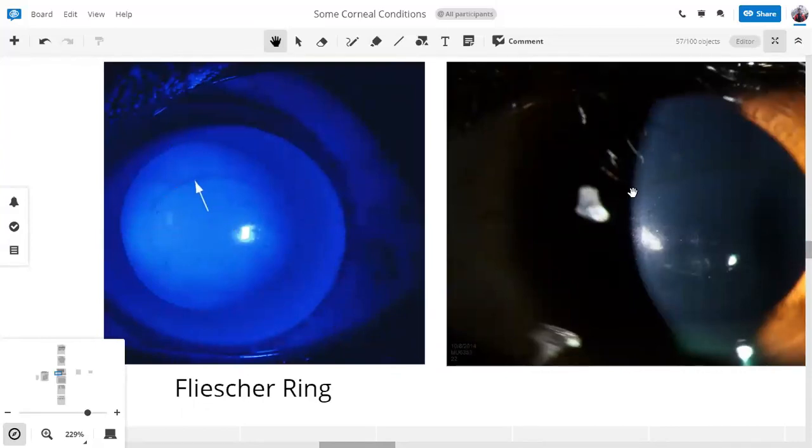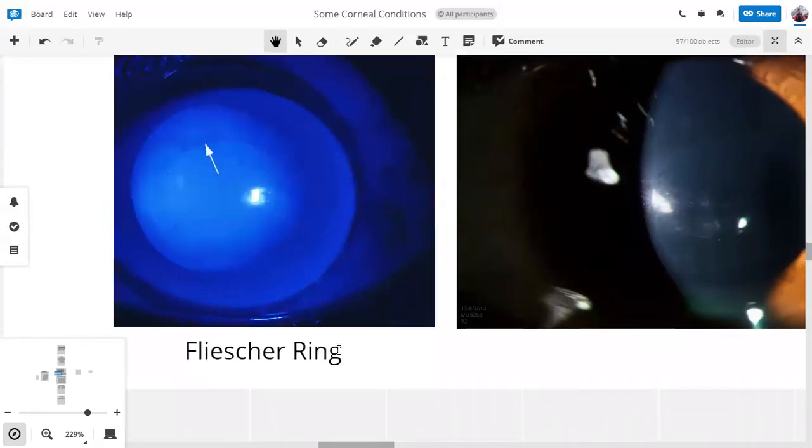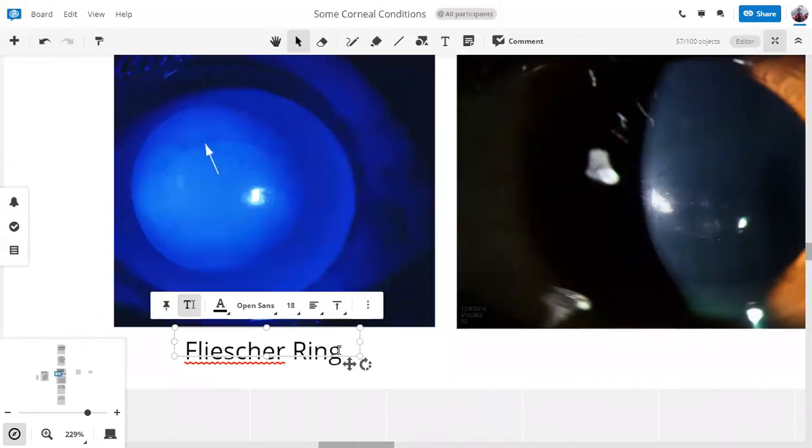It is brown or yellowish in color, best visualized under cobalt blue light, and it is caused by the deposition of iron. The Kaiser-Fleischer ring we discussed earlier was due to the deposition of copper. So the Fleischer ring is due to the deposition of iron.